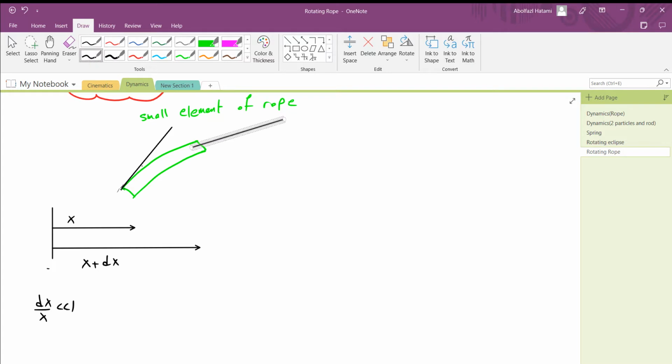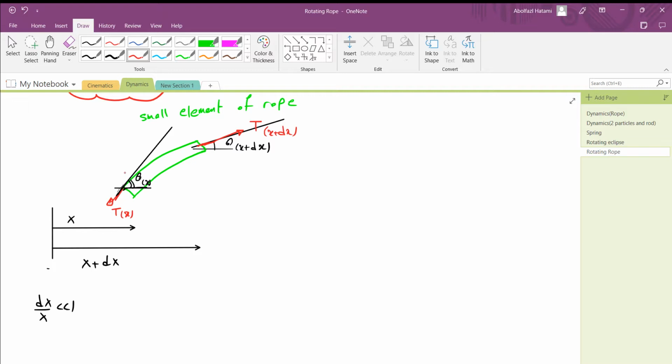It makes an angle theta with the x function. Here is theta at the point x, and here it is theta at point x plus dx. We also have a tension here, which we call T of x, in the direction of the tangent line. And we also have a tension which I call T of x plus dx, the tension at point x plus dx.